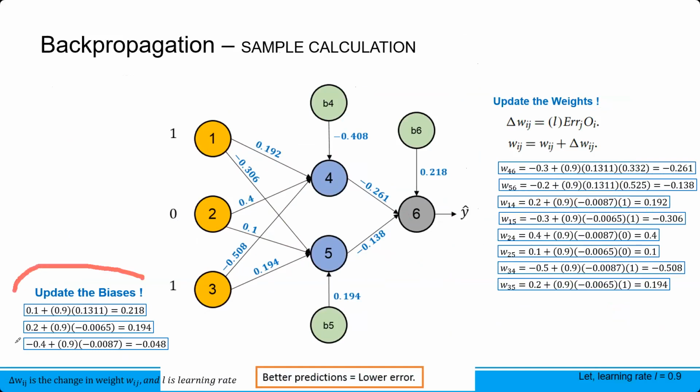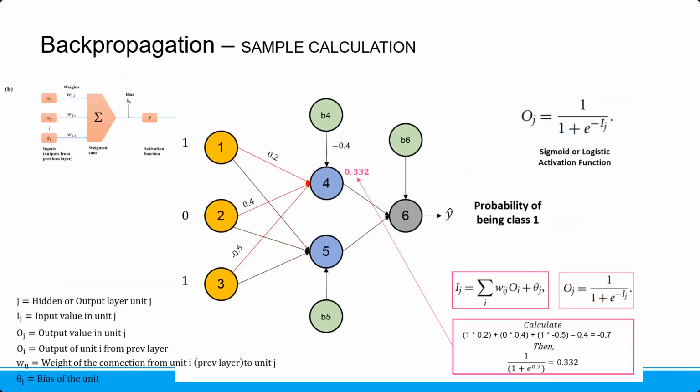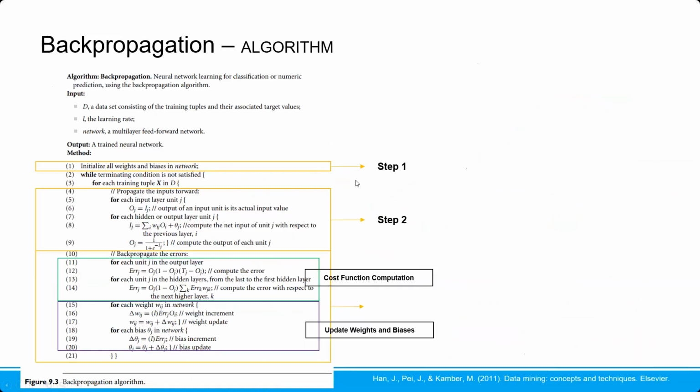And so on. So this is about the weight. How about the bias? To update the bias, there's another formula. The delta theta equals the learning rate multiplied by the error.